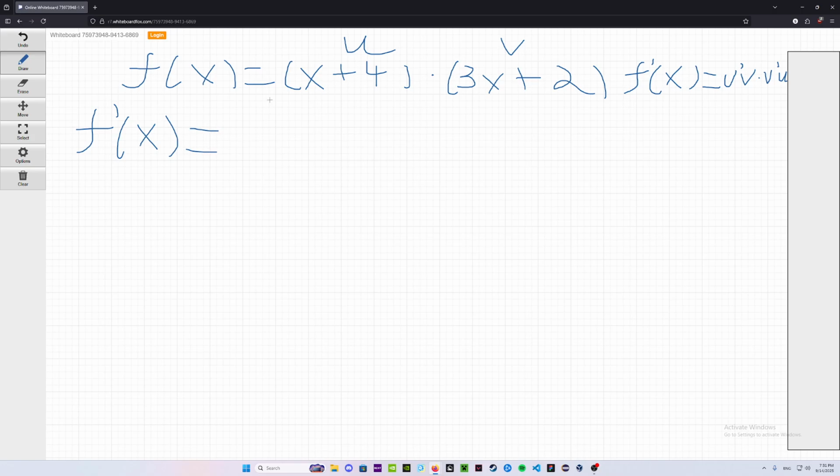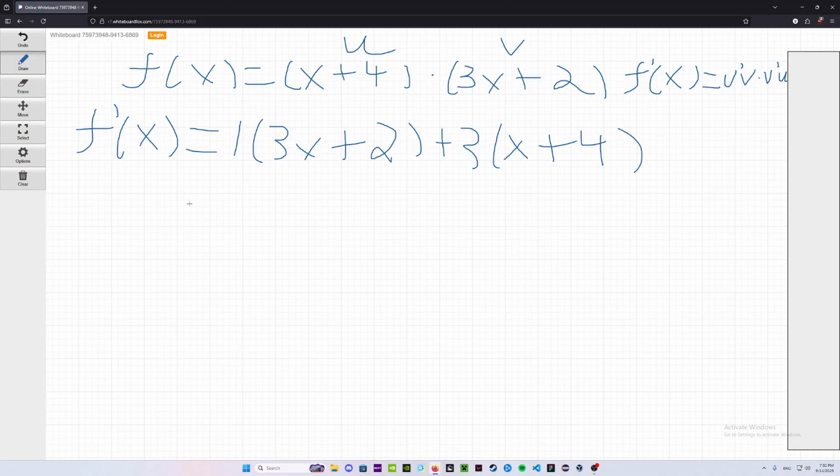So what's the derivative of u? It's just going to be 1 times v, which is 3x plus 2. And then plus v prime. The derivative of v is going to be 3, and then times u, x plus 4.